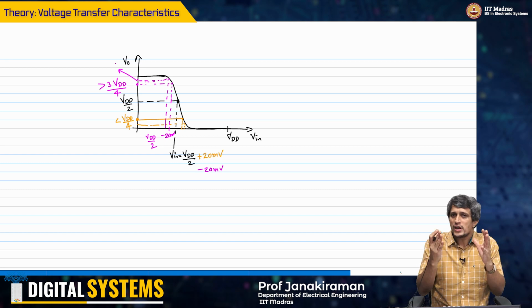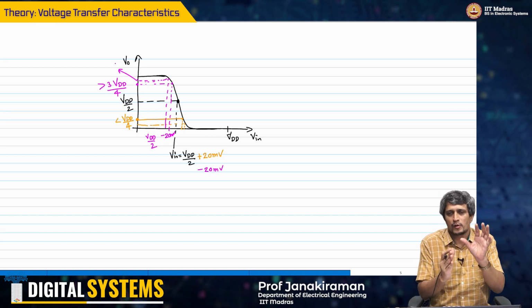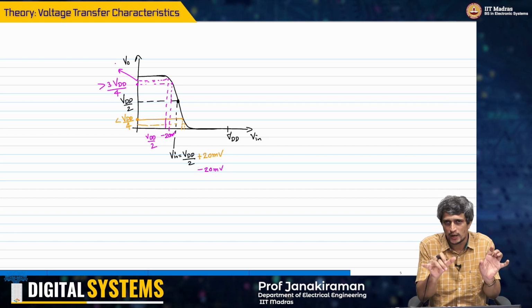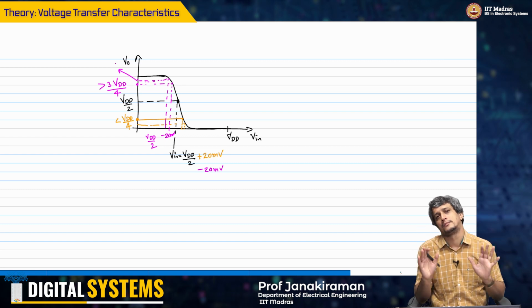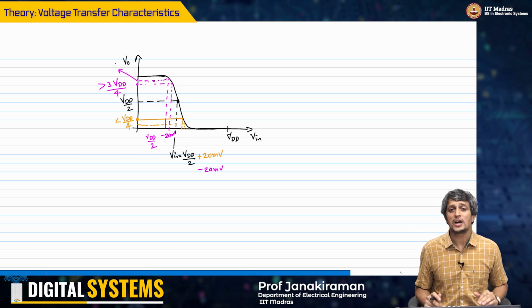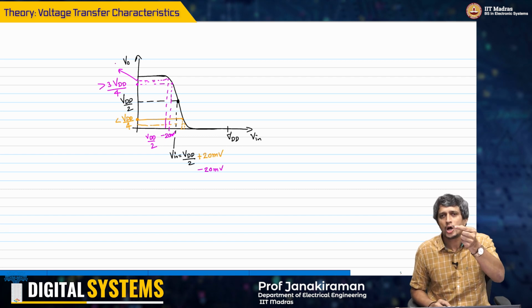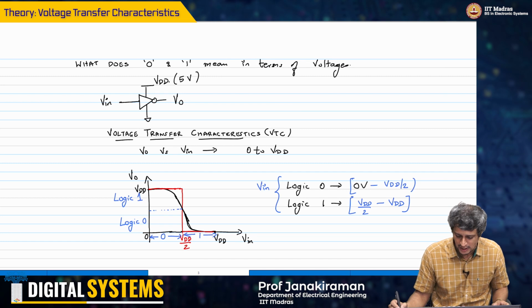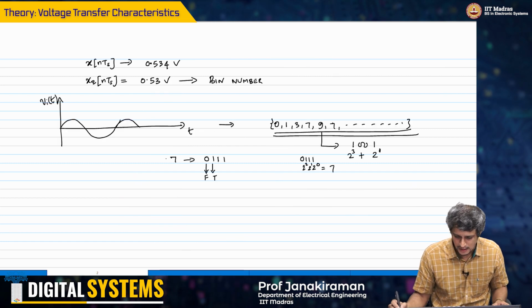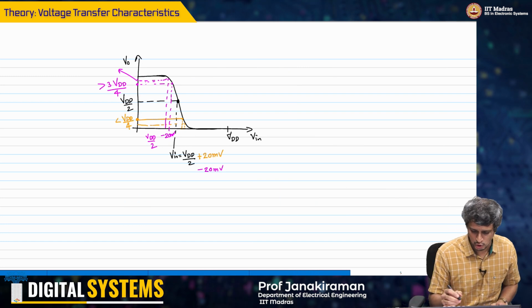So what we want to do is to operate in a region for both logic 0 and logic 1 where the noise will get killed. Now, what does the noise getting killed mean? It means that a small change, right? So if you go back to this earlier case that we had considered, let me just show you that.